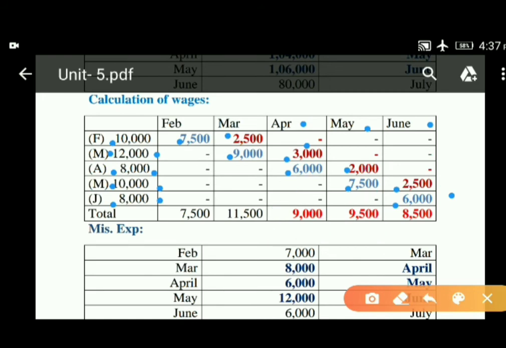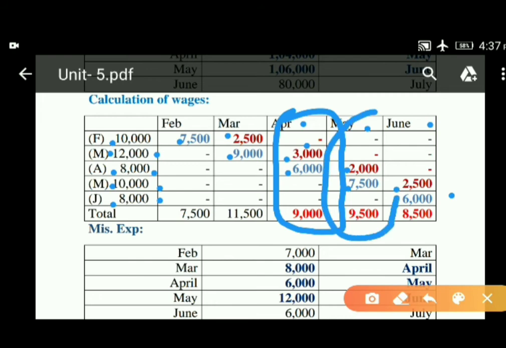Here, either the wages are related to that particular month or the wages are related to arrears, it does not matter. But here we need to take into consideration the actual amount paid towards the wages in that particular month. So 3,000 plus 6,000, 9,000, 2,000 plus 7,500, 9,500, and 2,500 plus 6,000, 8,500.